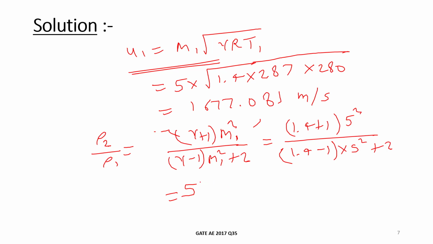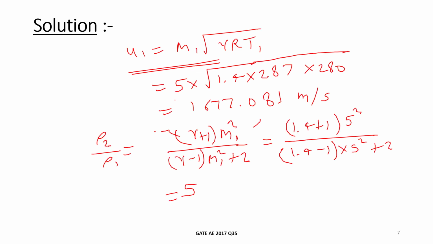Now we got rho 2 by rho 1. From continuity, we know that rho 1 u1 equal to rho 2 u2. So u2 will be rho 1 by rho 2 into u1.